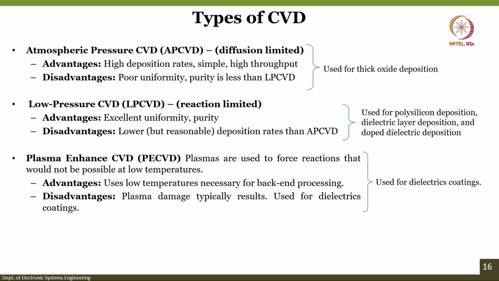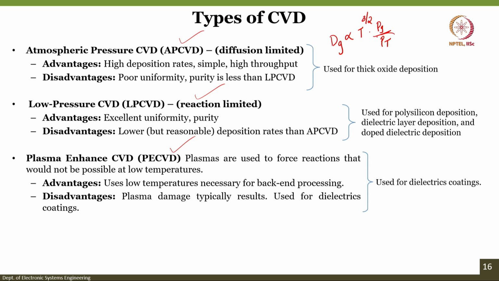Then moving on to the different types of CVD, as I mentioned in the beginning, we have different types of CVD, a few of them are listed here. One is the atmospheric pressure CVD, next is the low pressure CVD or LPCVD, then we have plasma enhanced CVD or PECVD. In atmospheric pressure CVD, we already discussed that diffusivity is proportional to temperature raised to 3/2 into the ratio of partial pressures.